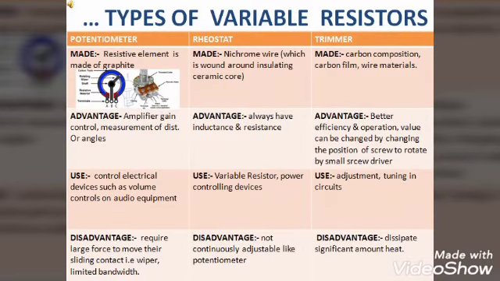First is the potentiometer. It is a 3-terminal resistor, as you can see from the figure also, with a sliding or rotating contact that forms an adjustable voltage divider. Now if only two terminals are used, that is one end and the wiper, then it will act like a rheostat, which is the second type of variable resistor.